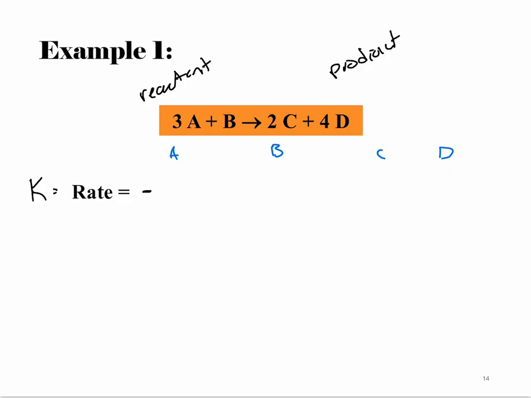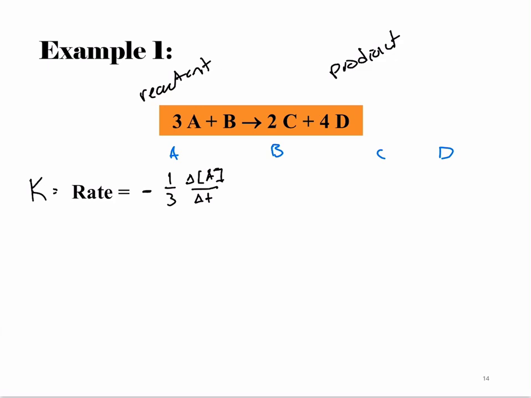So it's going to be 1/3 times, and again, what are the units for the reaction rate? Molarity per second, so that has to be a concentration on the top, the change in concentration of A over the change in time.